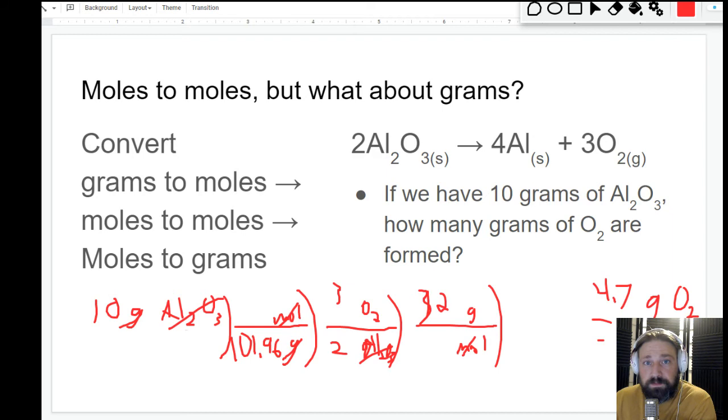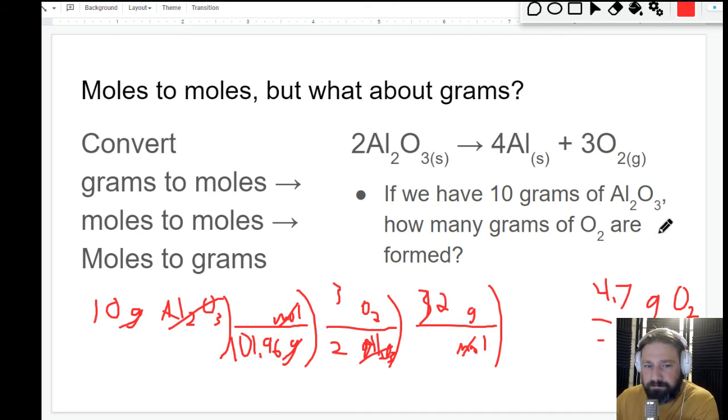And there we go. So your next task is going from grams to moles, then moles to moles, moles to grams.